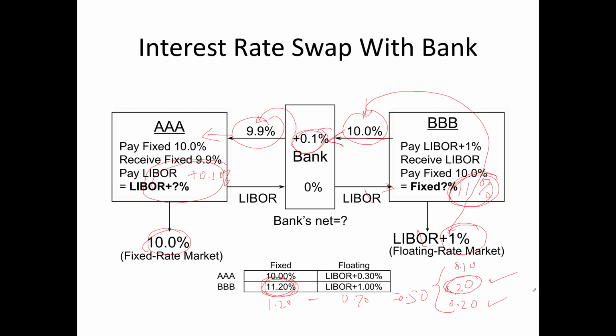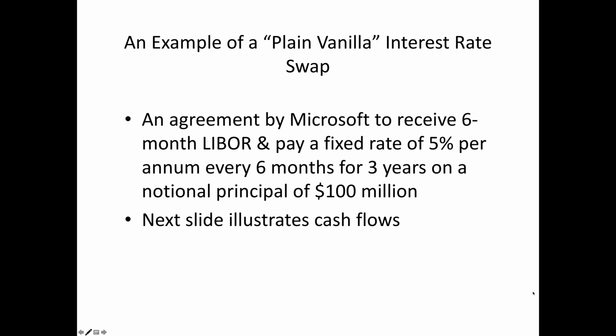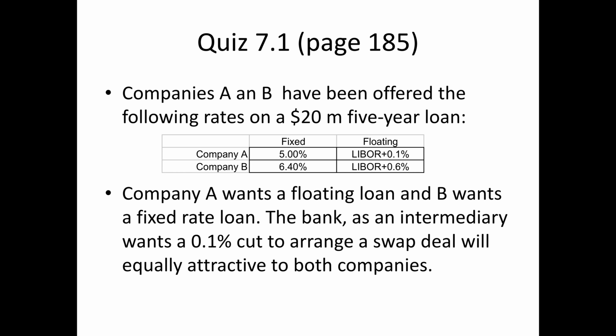Now let's do a hands-on exercise. You can read the details, but let's do one exercise using quiz 7.1 on page 185. By the way, for this online course, I only concentrate on the interest rate swap, not the currency swap, okay?